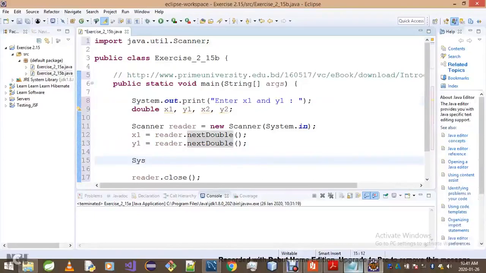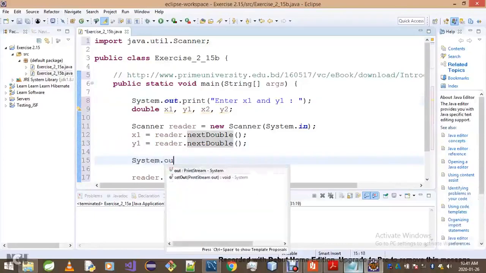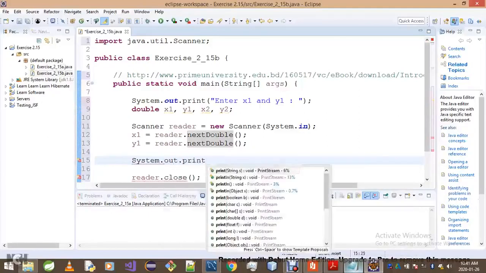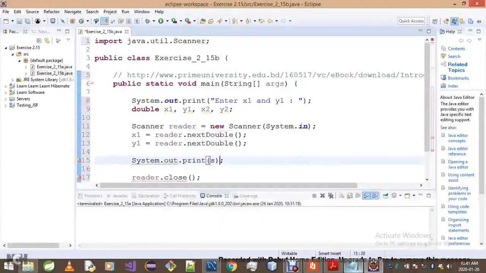It's wrong. So let's just go System.out.print, enter x2 and y2.